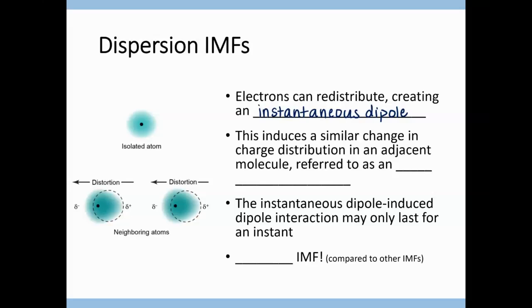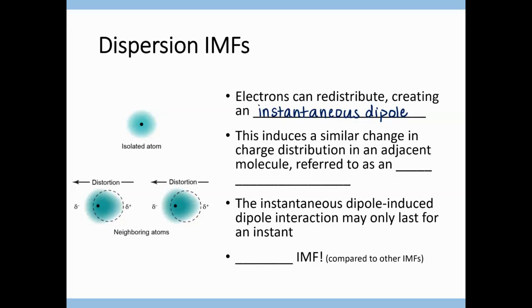The partial positive charge on that original molecule that had the dipole first is now going to attract electrons from a nearby molecule. So the electrons in the electron cloud from a molecule nearby will then move towards the partial positive end. So we have partial positive here, electrons are negative. And then now on this molecule, we have higher electron density on one side, with partial negative, and less electron density on the other, so partial positive.